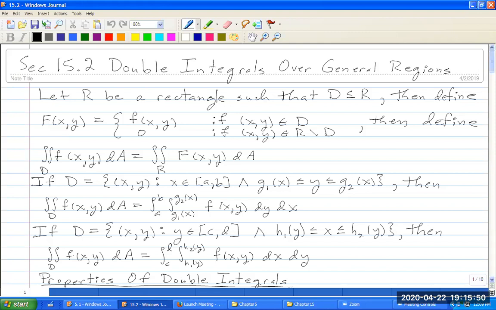Notice that my first integration with respect to X will involve limits of integration that involve Y, but when I do the last integration, my limits of integration do not depend on any variable. There'll be some fixed numbers, say C and D.